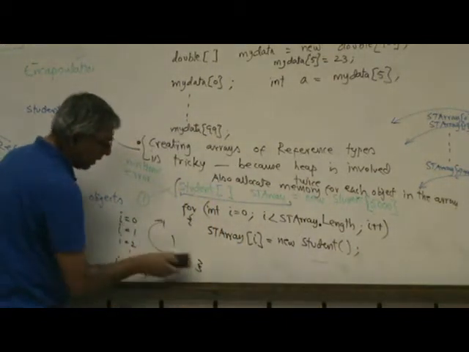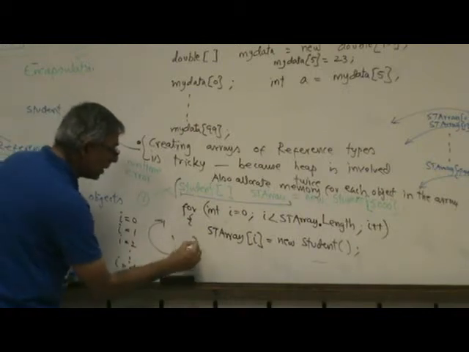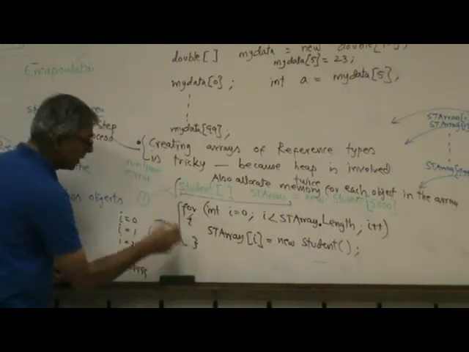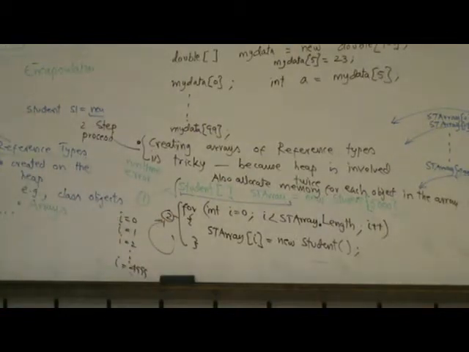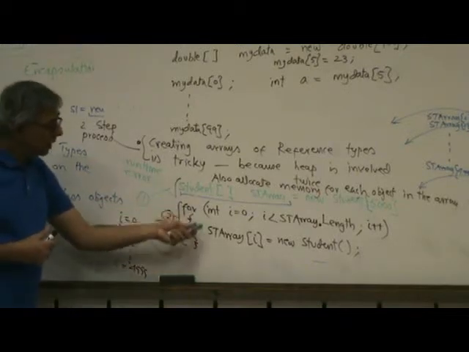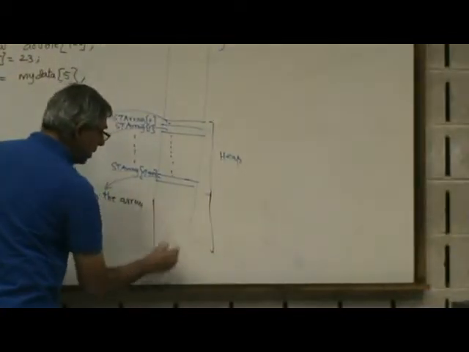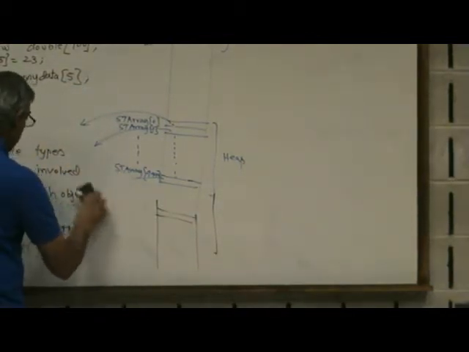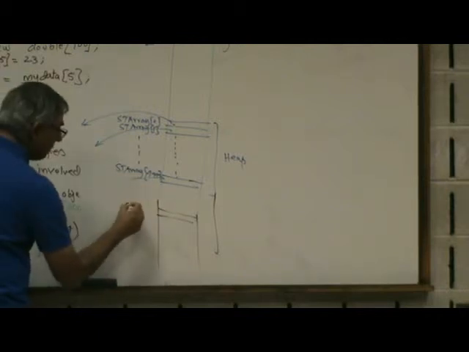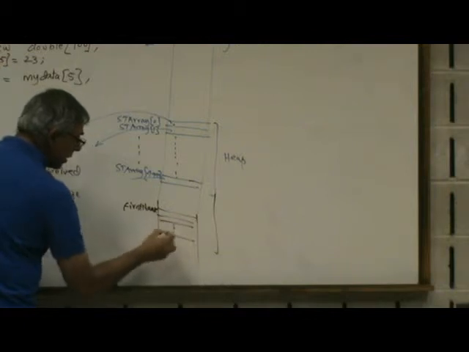So this will end up allocating memory for each student. This is our step 2 of the creation process for an array of reference types. So what does it do now? Each time, for each one of these objects, in the heap area it will create memory for first name, memory for last name, and so on.